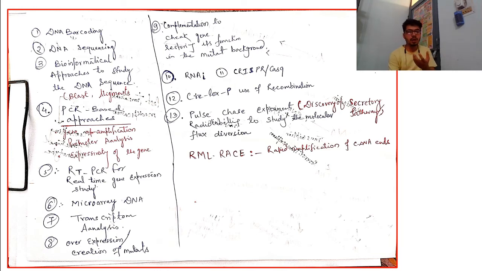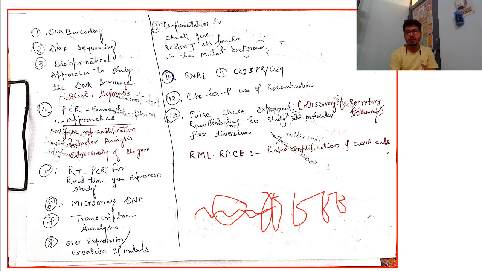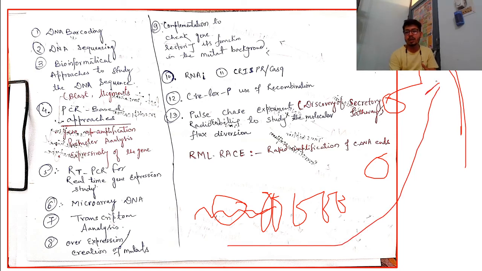How does this molecule go into the endoplasmic reticulum, then the Golgi apparatus, lysosome, other vesicles, and the plasma membrane? This movement is really very important, and the discovery of the secretory pathway is dependent on the pulse-chase experiment.